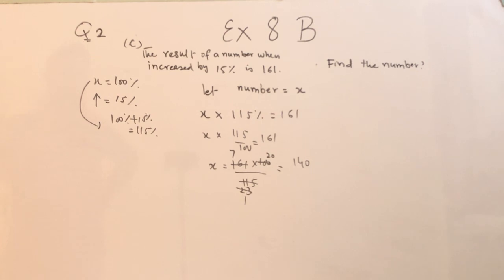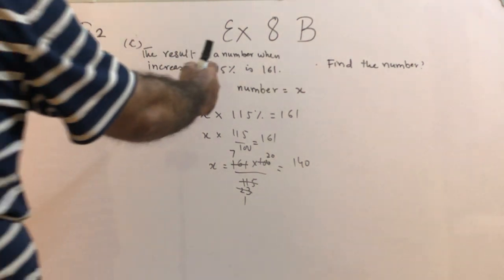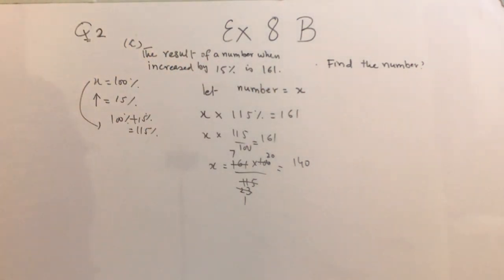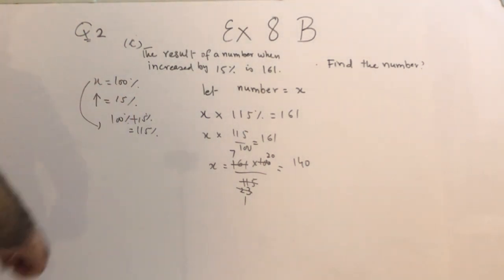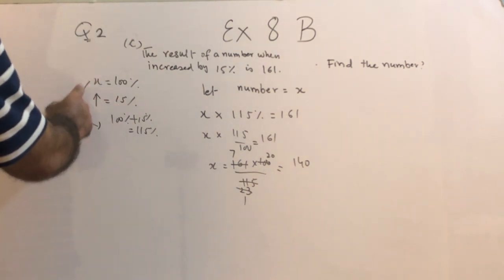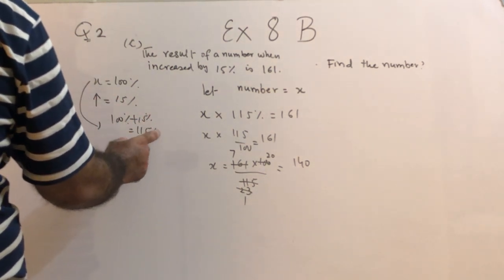First, you need to understand what is the meaning of the words. So we told you that they are saying the result of a number when increased by 15%. First of all, we don't know the number, so number is x. So now we need to increase it by 15%. Itself it was 100%. So we gave it 15% more, so it became 100 plus 15, 115%.